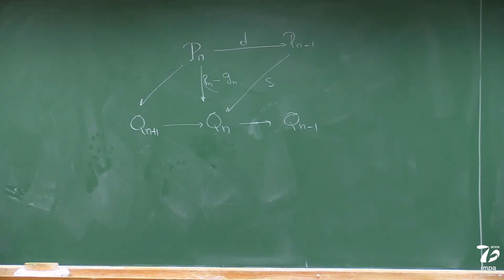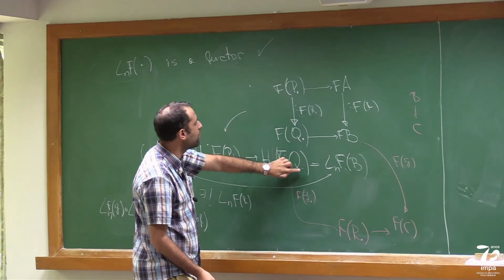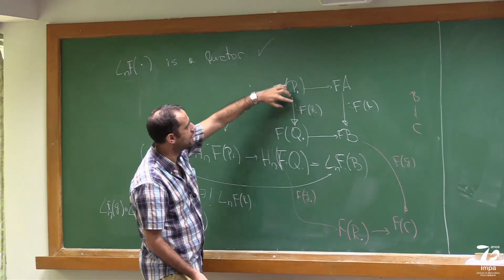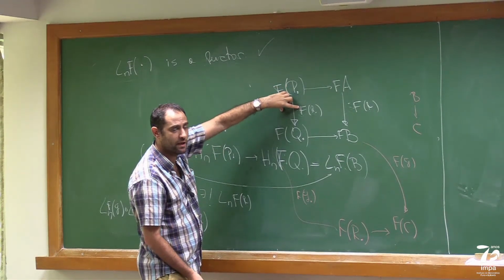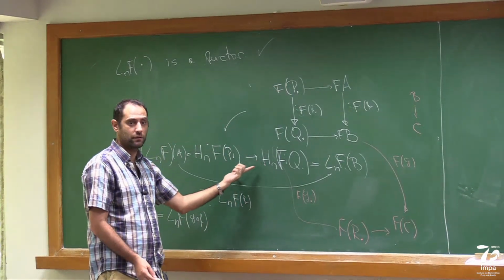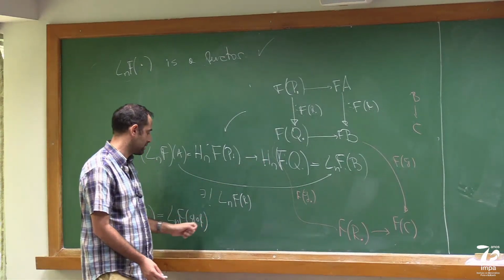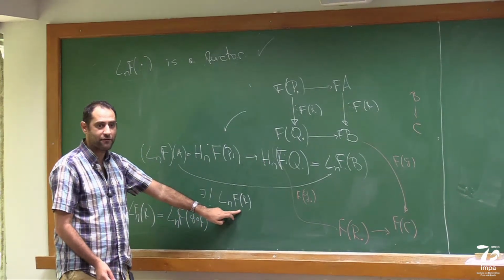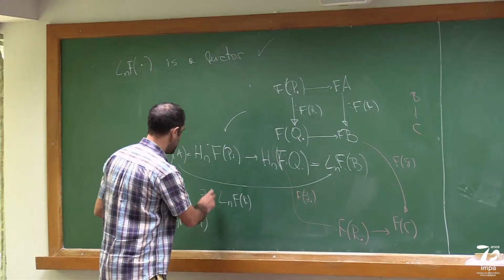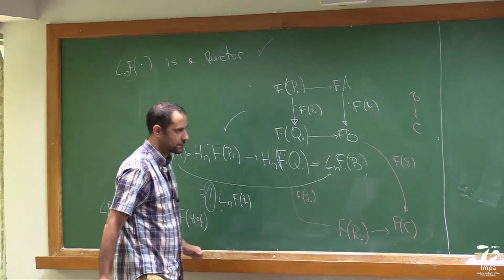So that was certainly wrong. Anyways, I'm only using the fact that any two are connected by a homotopy. Therefore, in homology, they are unique. That is important: that L_n F of f is unique.